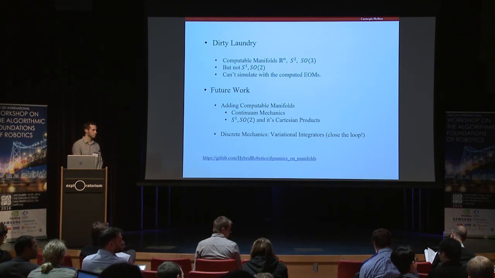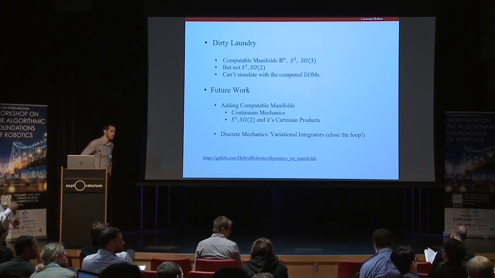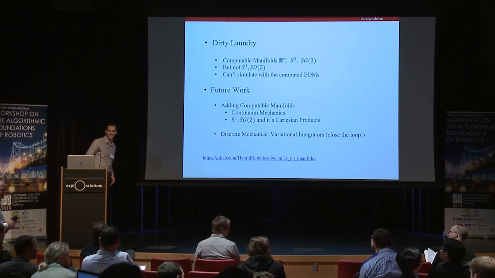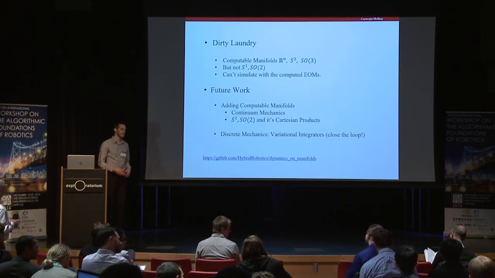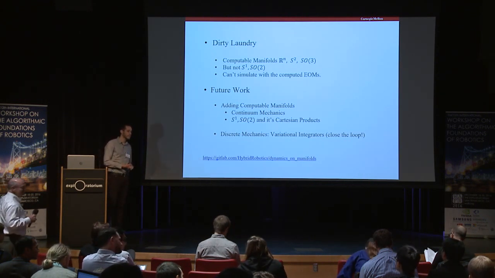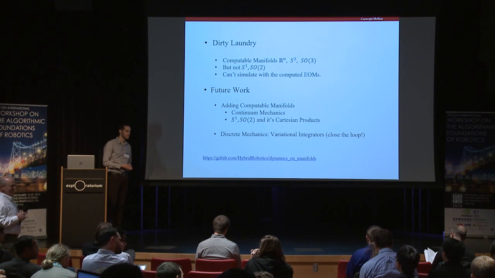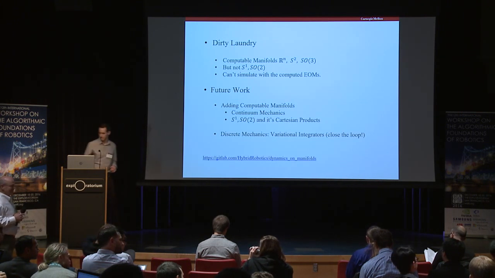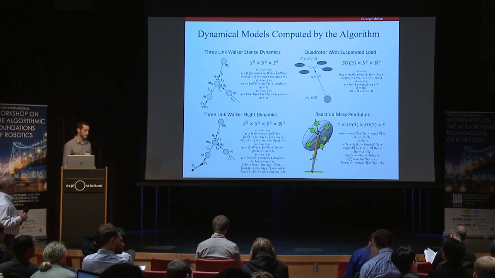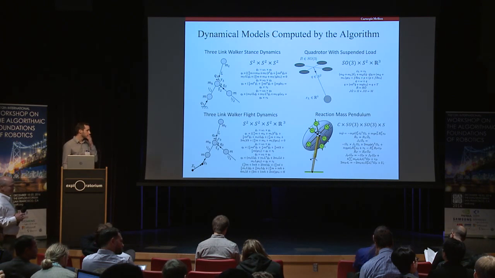I've got 2 questions, and I think they're both related. One is I don't see... You only have time for one. Okay, so I don't see why you can't simulate with those equations of motion, and if you're able to simulate, then you should be able to check the drift from the constraints and compare against other existing packages.